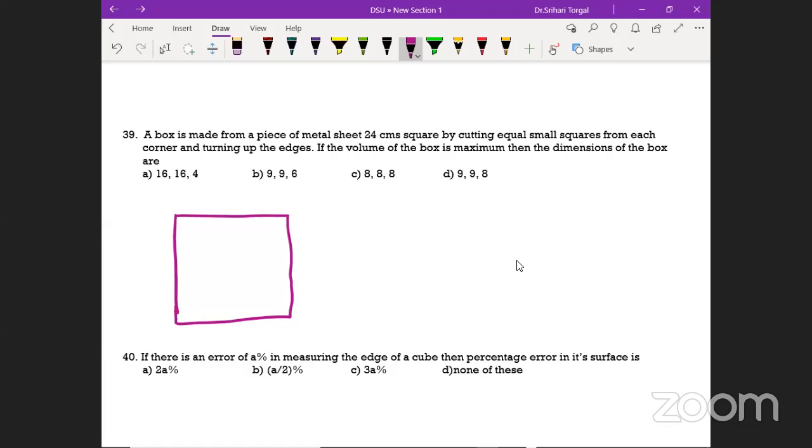Turning up the edges, if the volume of the box is maximum, then the dimensions of the box are, they have given 4 options. That we will see. See here, I will explain once again. A box is made from a piece of metal sheet, 24 centimeters square. This is 24.